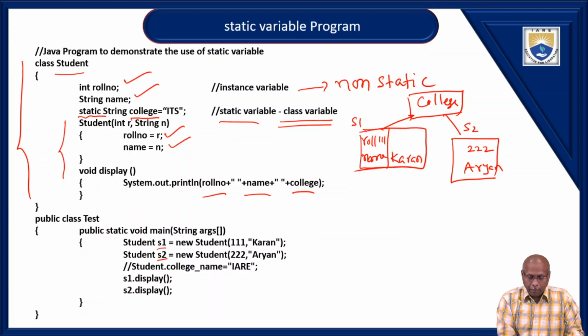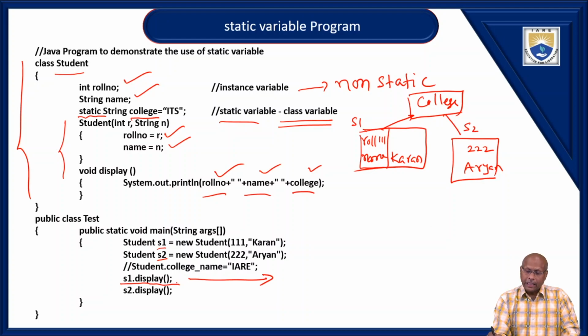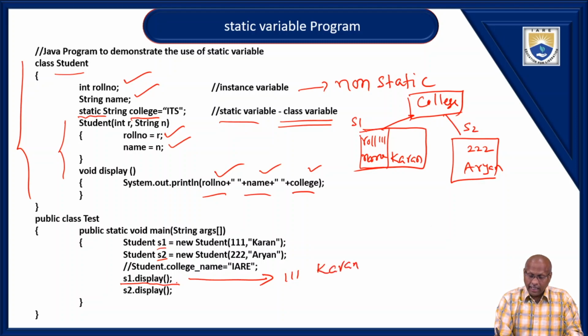Now when I call S1.display, what will display? In the display method, I am displaying roll number, name and college. It will display the roll number: 111. Name is Karan, and college is ITS.